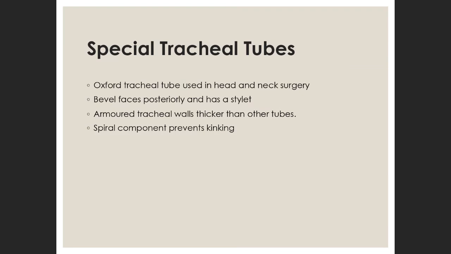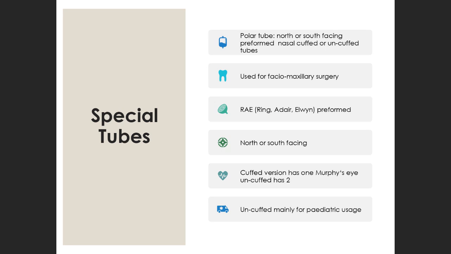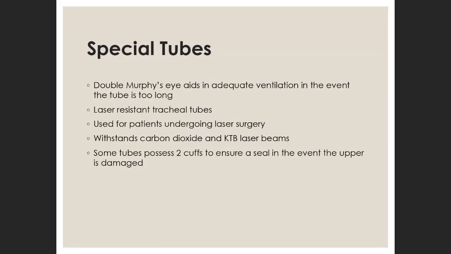All right, you have some special endotracheal tubes. You don't need to know a lot about them, except you just need to know there are special ones. A few you should know about are what we call a RAE tube sometimes, but they're preformed, they're north or south facing.